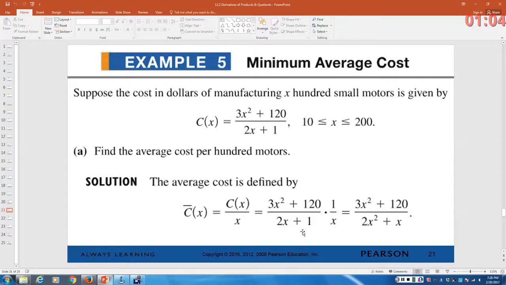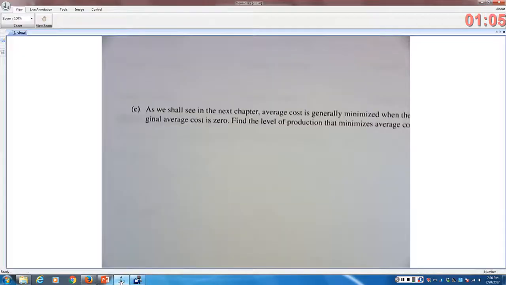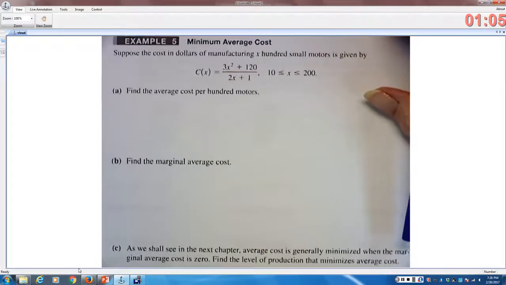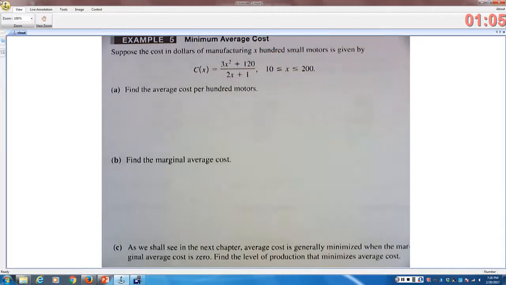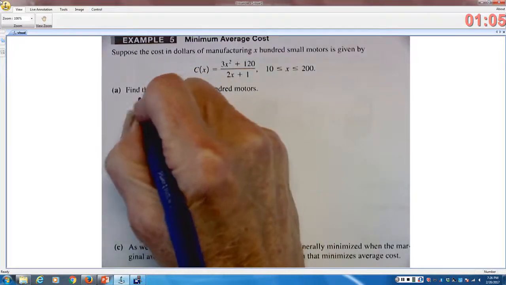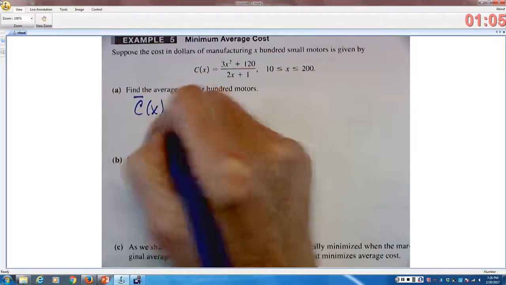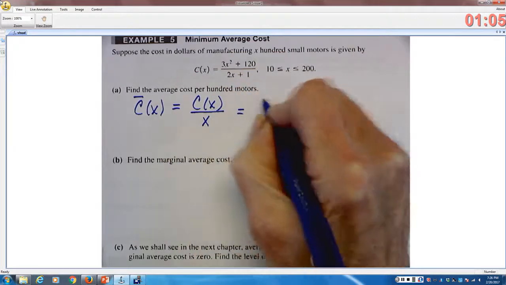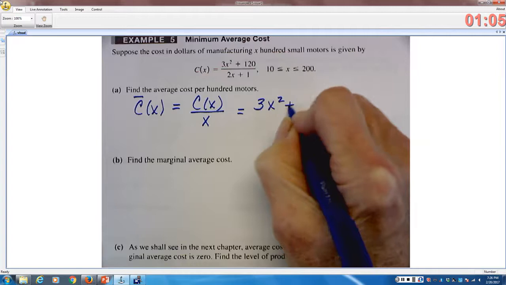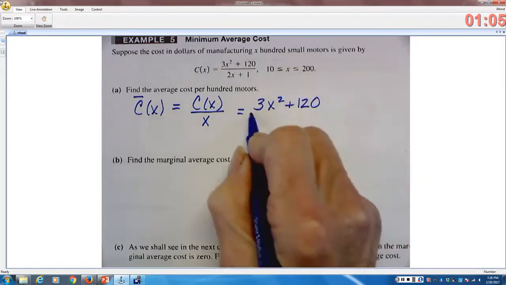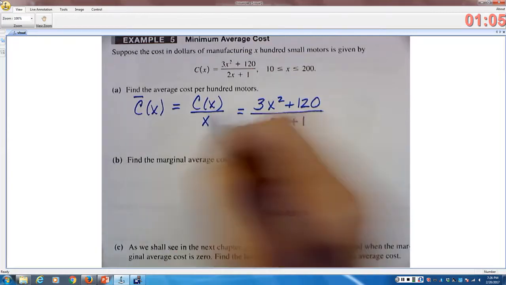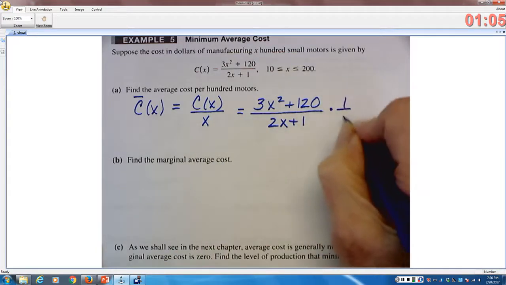Okay, at this point we're going to find the marginal average cost. So I'm going to switch back over here and work it out by hand because I think that might be easier. So remember our average cost function. If I divide that by x, then we're going to be multiplying it by 1 over x.